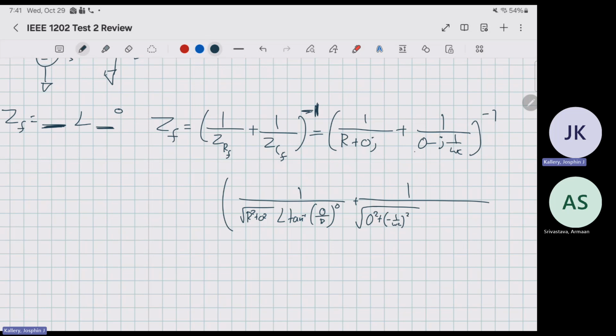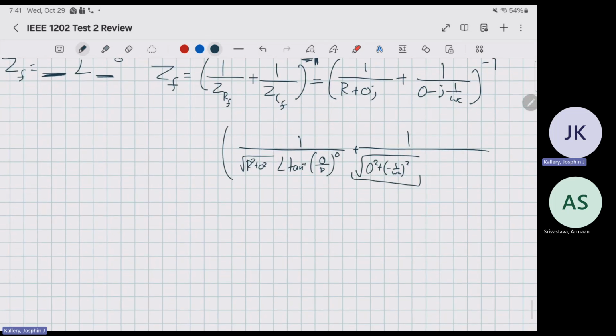Basically, you're taking the x and y component, ignoring the j, and finding the hypotenuse. If I draw it out, this is the real, this is the imaginary. If I go out some distance in the real, some distance in the imaginary, I'm finding this. This is our impedance, this is our angle. And this will be arctan of negative 1 over omega C over 0, to the negative 1.